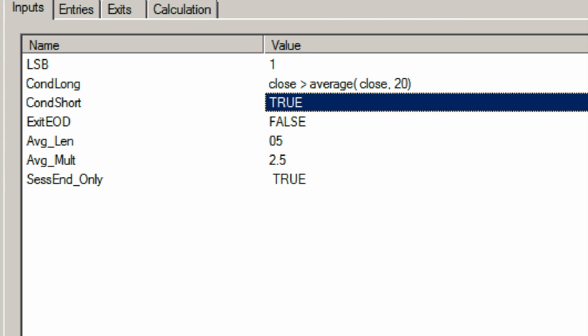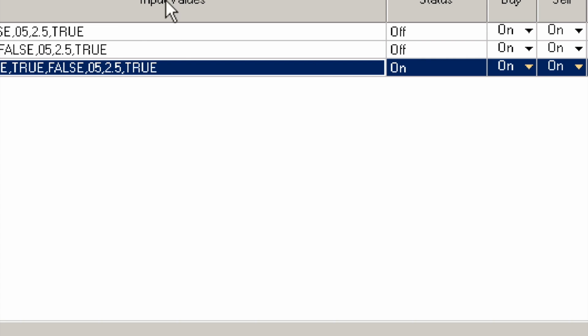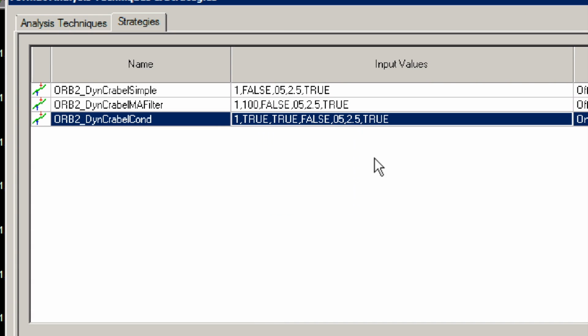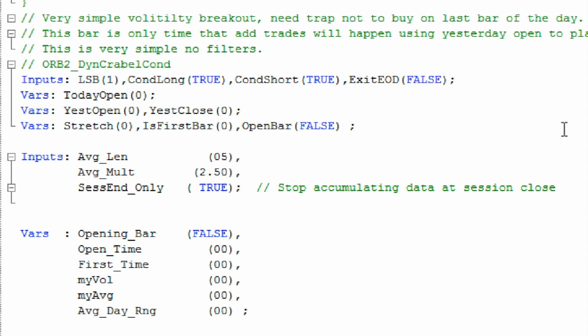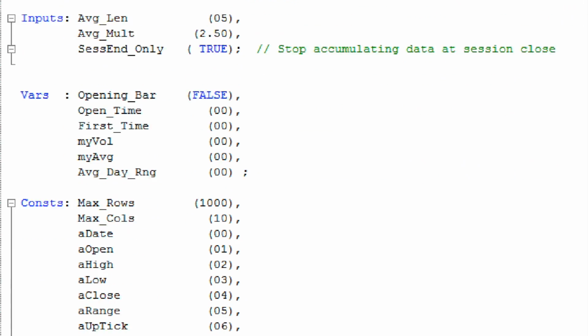But you know what, for you hardcore programmers, this is the best feature. All of the functions that I've been showing you in that massive list of available functions is available in EasyLanguage. So you can go right into your editor and get access to the code. So we're looking at the ORB2 dynamic Crable condition.